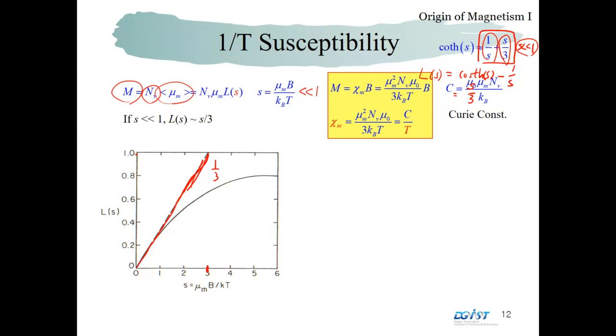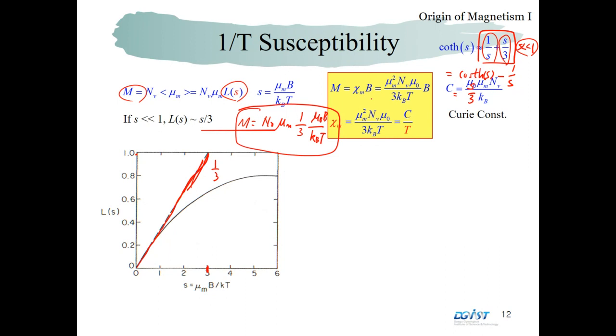And the Langevin function is replaced by this simple number, s over 3. So the m is in this expression.